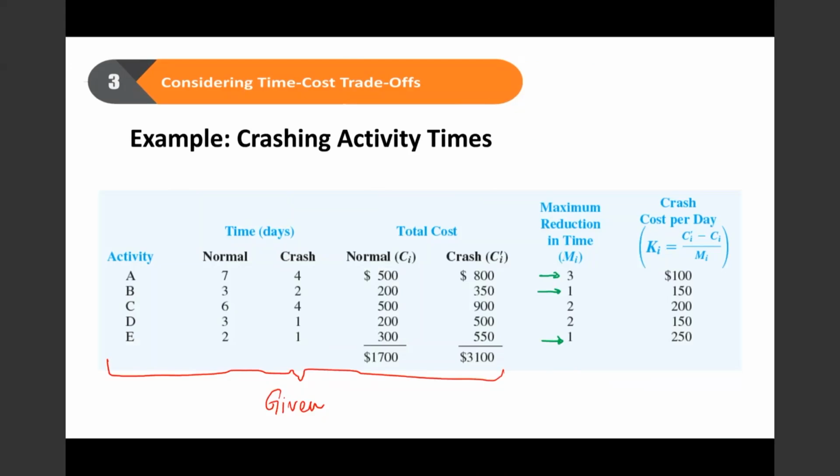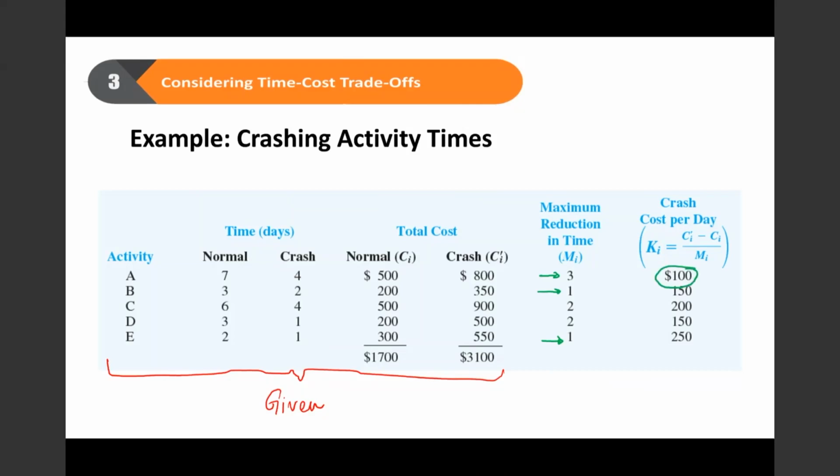So remember, we want to crash it to meet the new deadline, but at a minimum cost. So the first place you want to look at is which of these 3 activities costs the least? $100, $150, or $250? Then obviously it is $100.